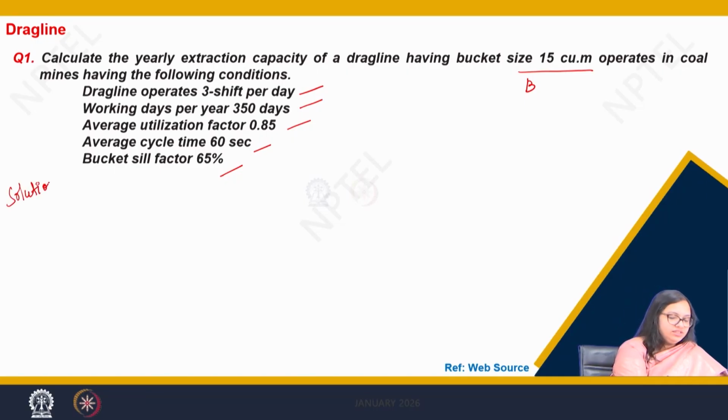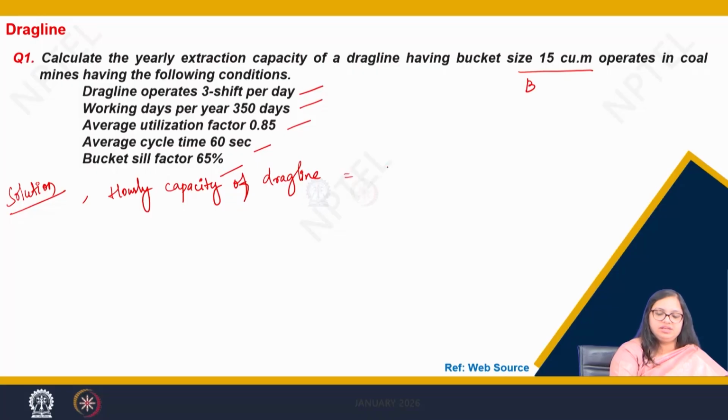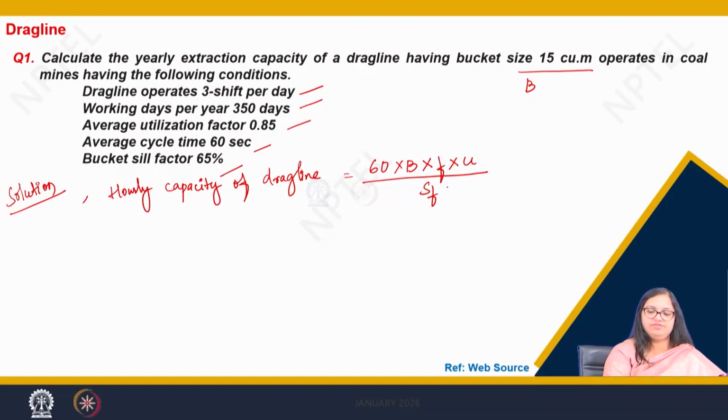Now, when we find the solution to this problem, how do we find the capacity? We know that the hourly capacity of dragline is 60 multiplied with bucket capacity multiplied with F multiplied with U divided by SF, and here we multiply the N, which gives us cubic meter per hour.